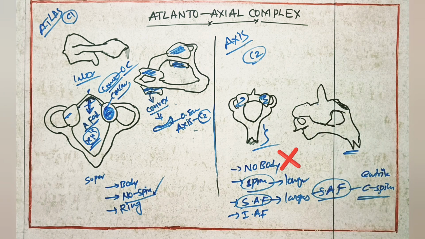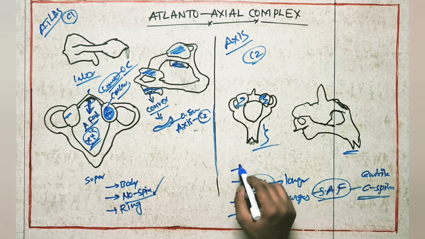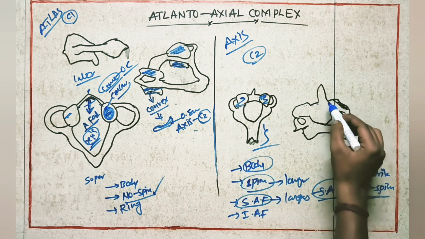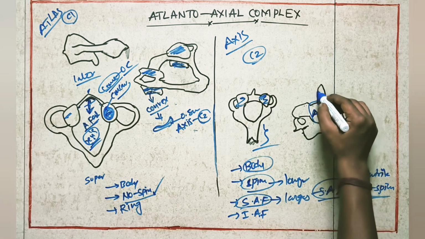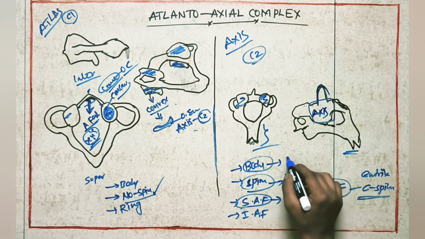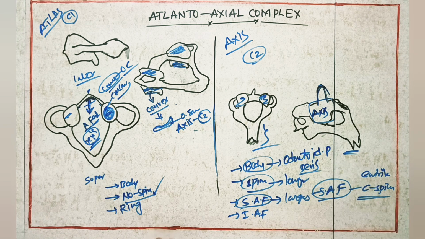Here we see the body of the axis. The body of the axis has a bony projection called the odontoid process, also called the dens.